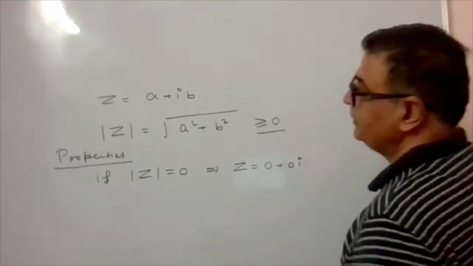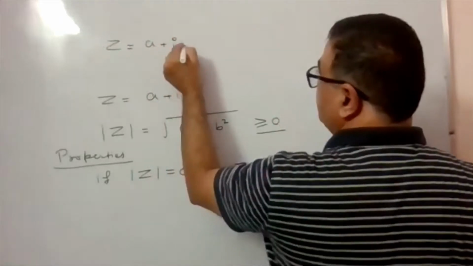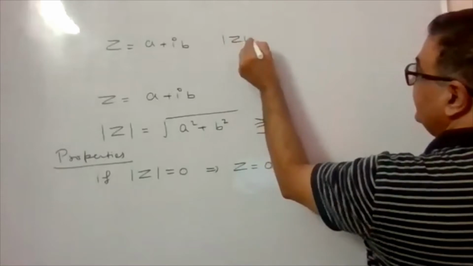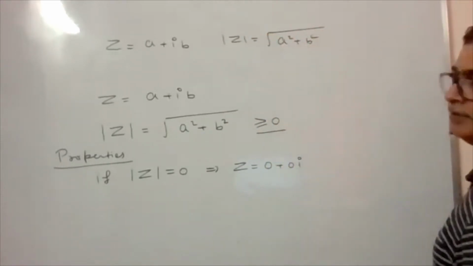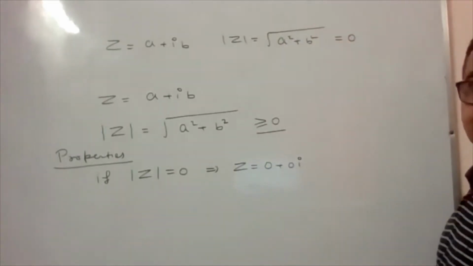So how we do it? Z is equal to A plus iota B. When you go for modulus of Z, it comes out to be root of A square plus B square. And in the question, it is given that this quantity is 0.